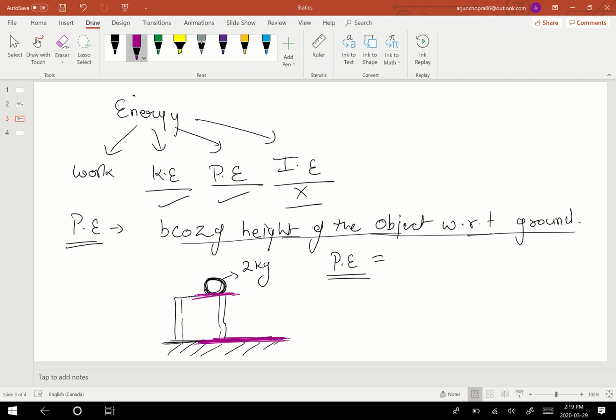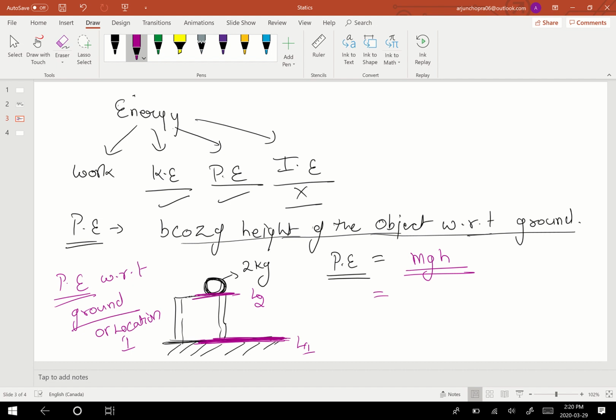I'll say what is the potential energy in the object with respect to ground, or location 1. I will name it location 1, and I'll name this location 2. With respect to location 1, potential energy will be mgh. This is the formula for potential energy.